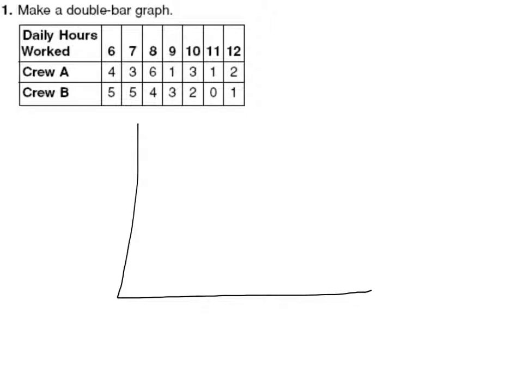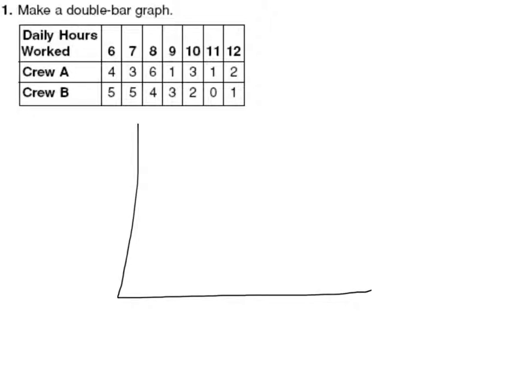Notice I have my graph, nothing else. Now I'm going to plug in my labels. I want to plug in my labels first, and the reason why is a lot of times students tend to draw the bars and then forget the labels. So get the labels done first. Get the title done first and then move on.